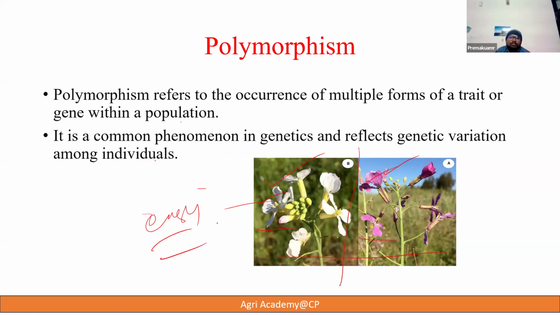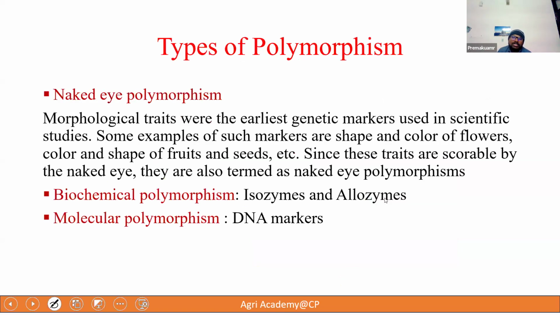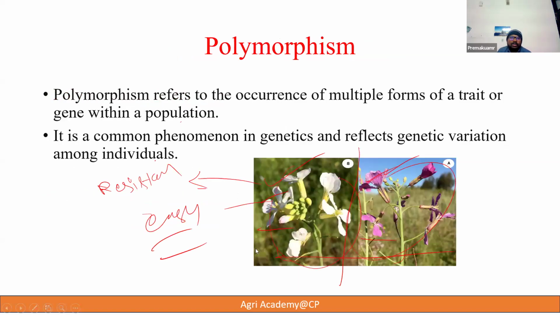For example, you take resistance. These two individuals, like many individuals, by looking at them, can you say which plant is resistant and which plant is susceptible? Is it possible? No, sir. No, it's very difficult.